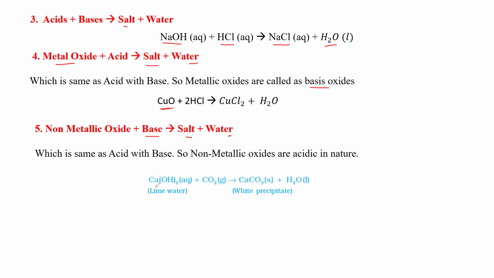So here lime water reacts with carbon dioxide, and then we obtain CaCO3 plus H2O. CO2 is the non-metallic oxide, and it is reacting with the base. Okay. So finally we have a white precipitate of this. Like this we have multiple properties on the basis of chemical reactions.